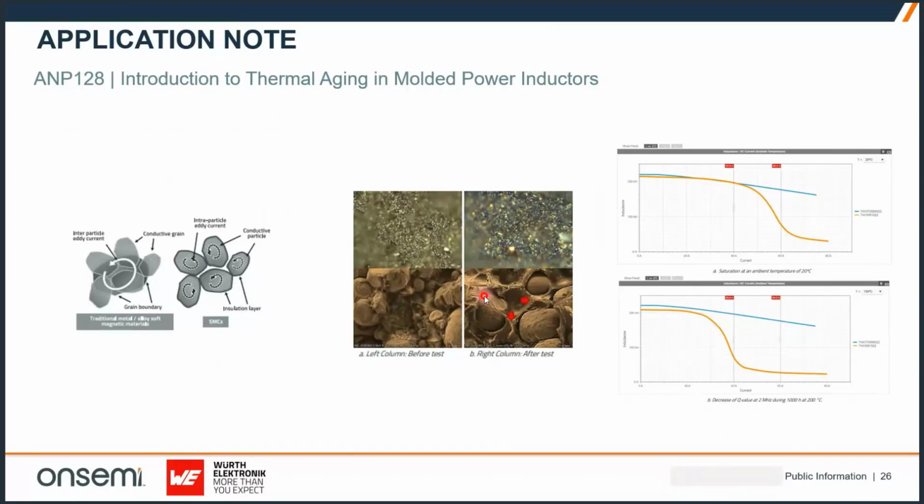For that, we have also an app note showcasing what differences can happen when the inductor gets thermally heated or induced by aging, that the Q factor can change drastically. So you can still measure the same inductance value, but then you will have a big fall in the Q factor and the inductor will not be usable anymore. So I recommend you to take a look also at this app note and check all the details in it.